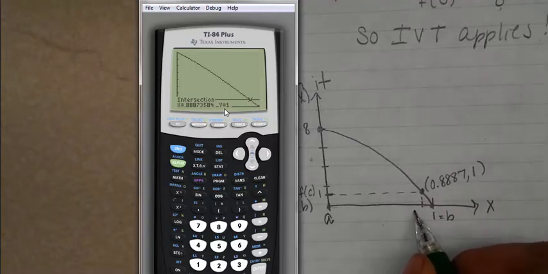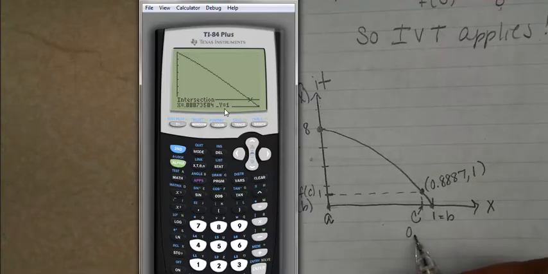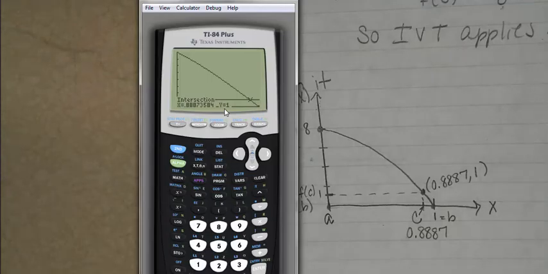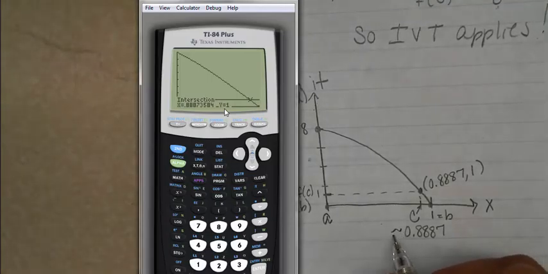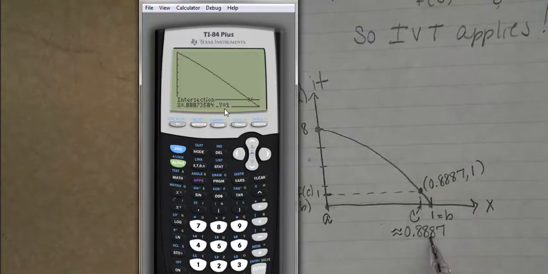So basically my c here, this is c, and that's going to be 0.8887. So c is approximately this, which happens to fall in between 0 and 1, or my a and my b.